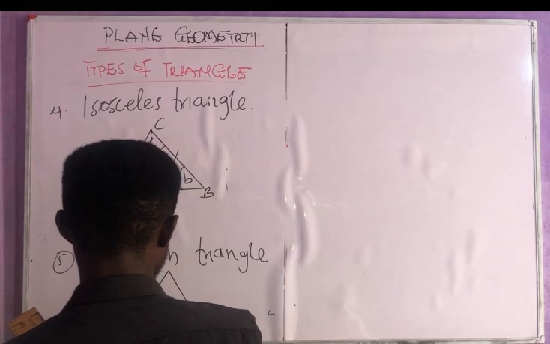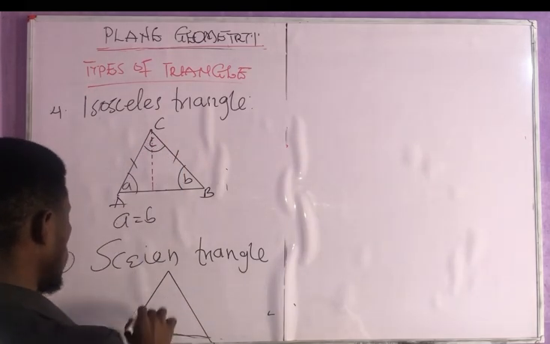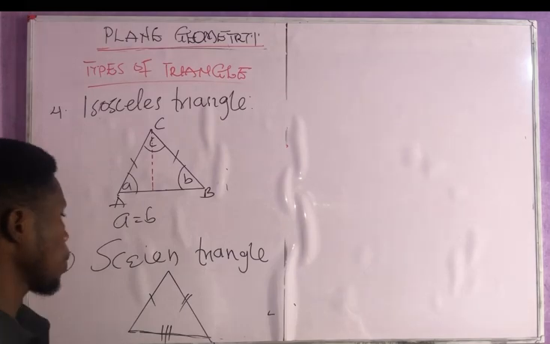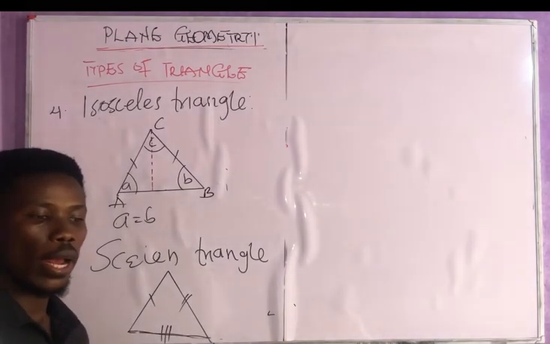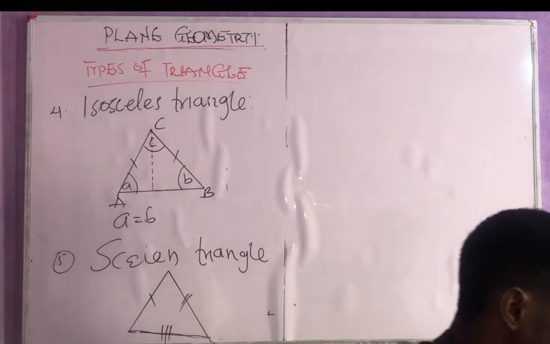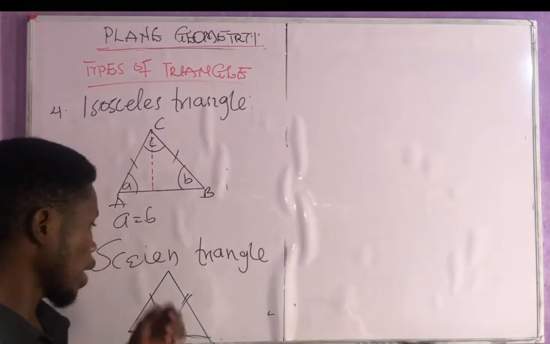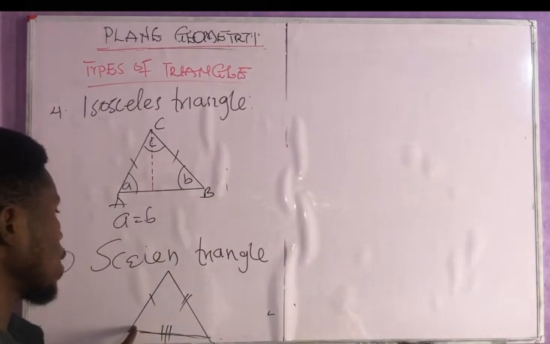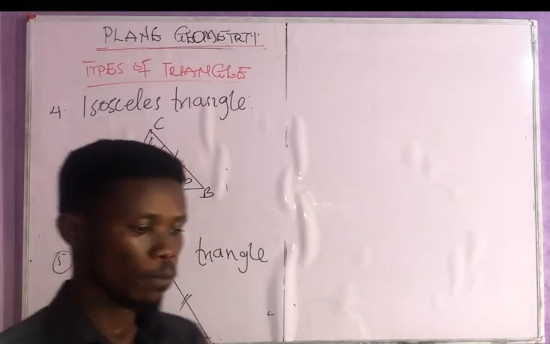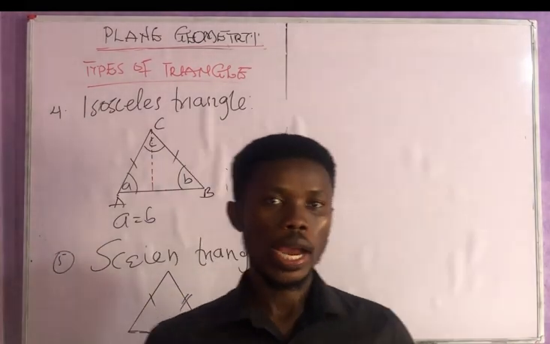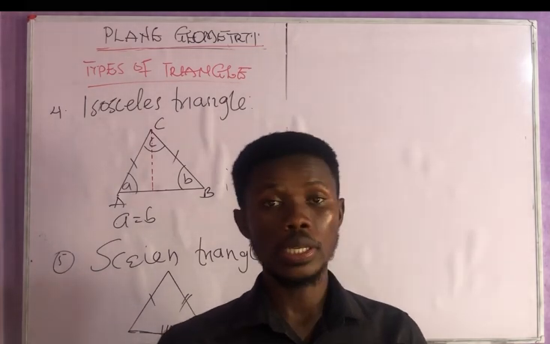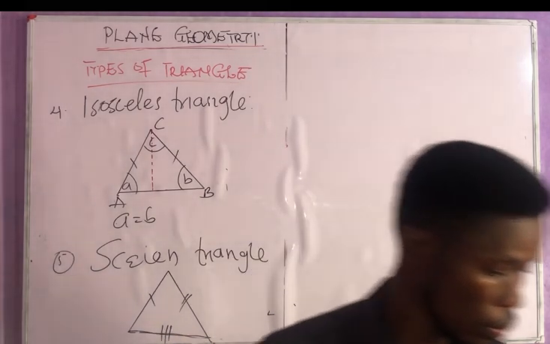This side is not equal to that, it's not equal to that. Is that okay? So in a scalene triangle, all the sides are unequal, and it also has no line of symmetry. It has angles, but the angles too are what? Unequal. Is that okay? So these are types of what? Triangles.